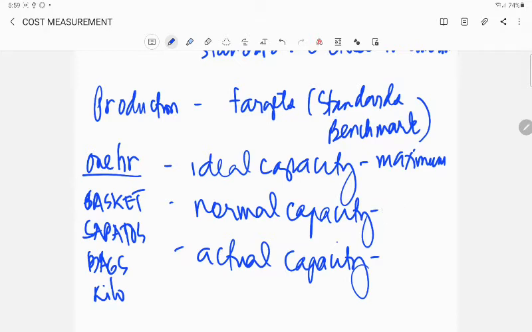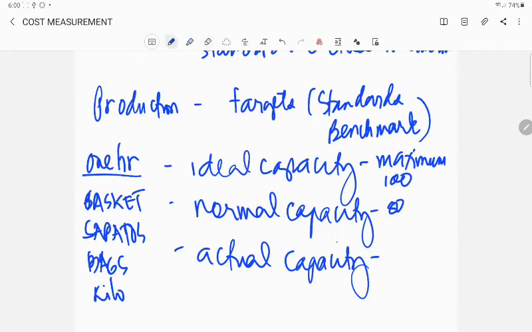So, kung 100 yung ideal capacity mo, pwedeng ang normal capacity mo is let's say 80%, or 70%, based on the experience. So, pwede itong 100 baskets, 100 shoes, 100 bags. Okay?